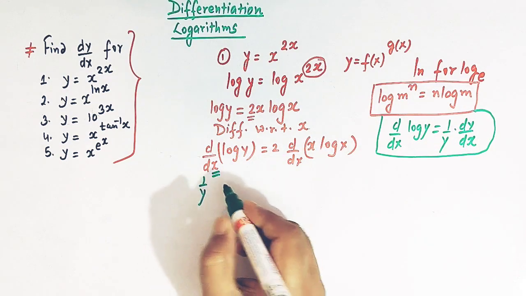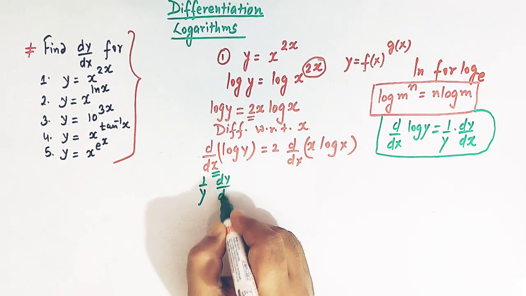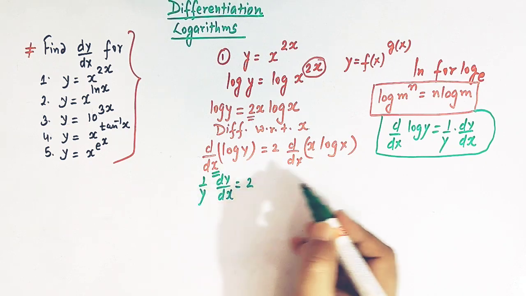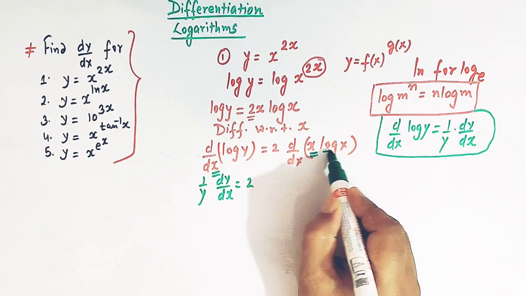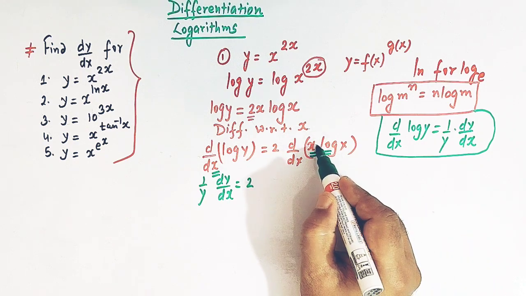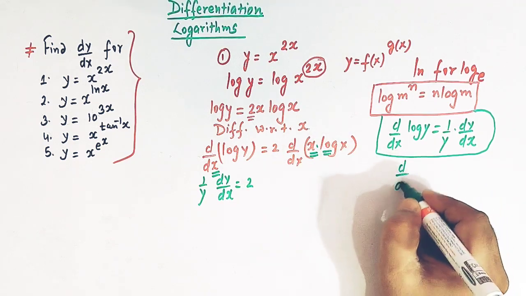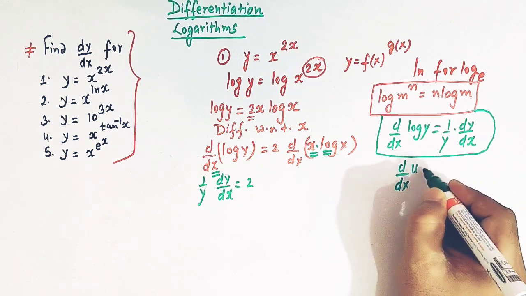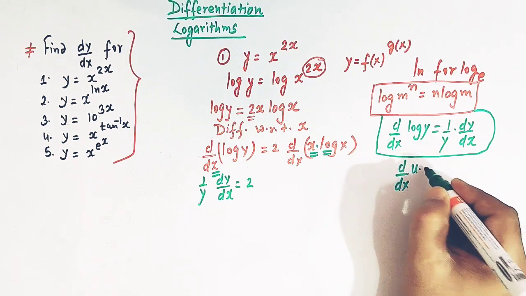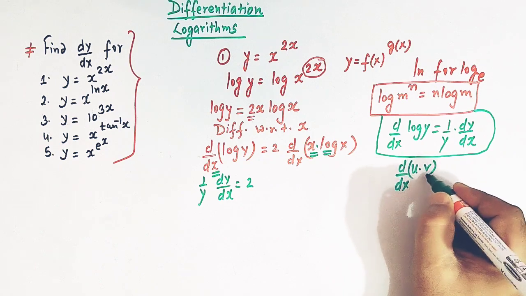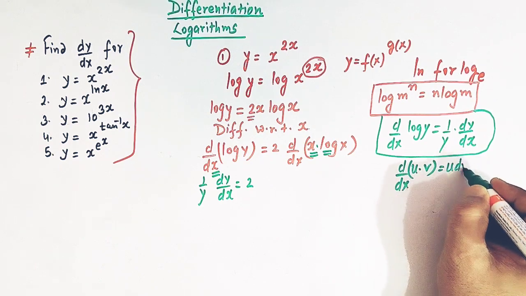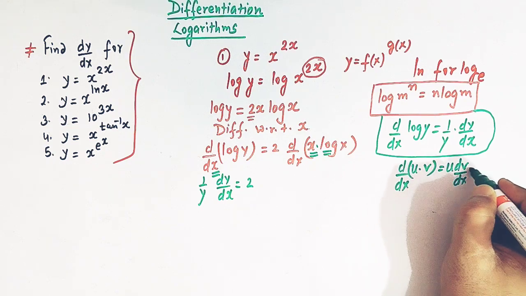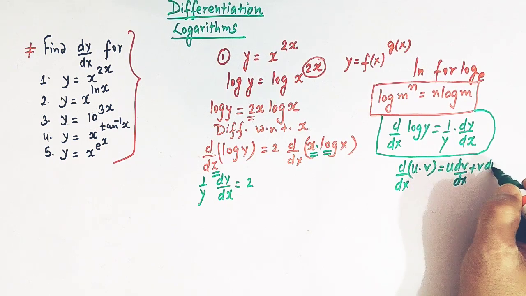So here we can write 1 over y dy over dx, and here we have 2 and the derivative of the product of these two functions, right? And we know the product rule, that is, if we have two functions of x, u and v, then the derivative of the product uv is u times the derivative of v, plus v times the derivative of u, right?